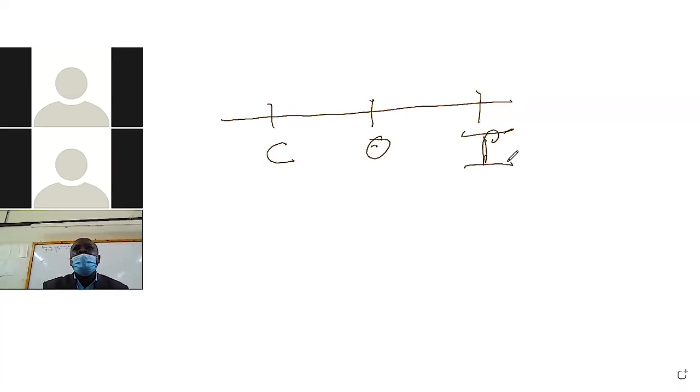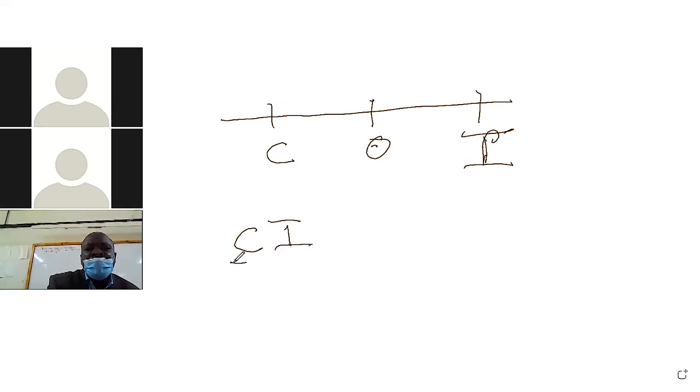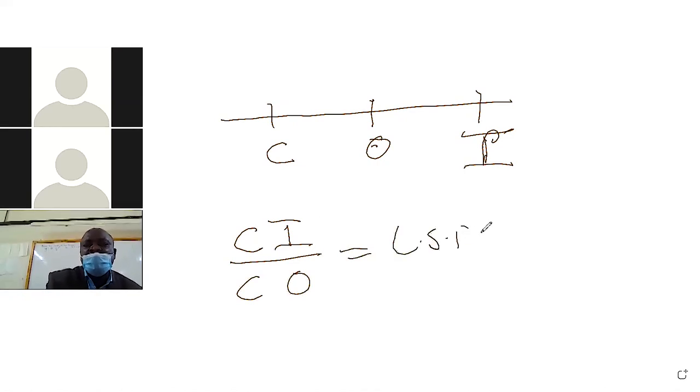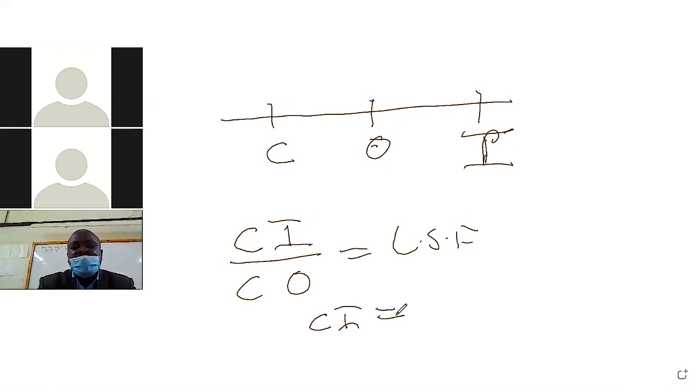So the relationship between these two is that from the center of enlargement to the image, divided by from the center of enlargement to the object, gives you the linear scale factor, which is also the enlargement scale factor. So from the center of enlargement to the image is always going to be the same as the linear scale factor, which let me use as K, multiplied by from the center of enlargement to the object.